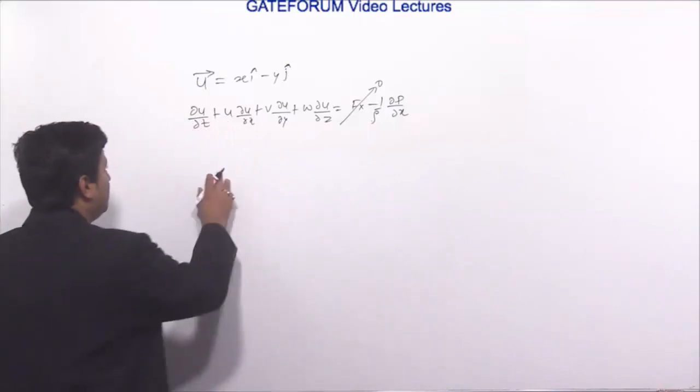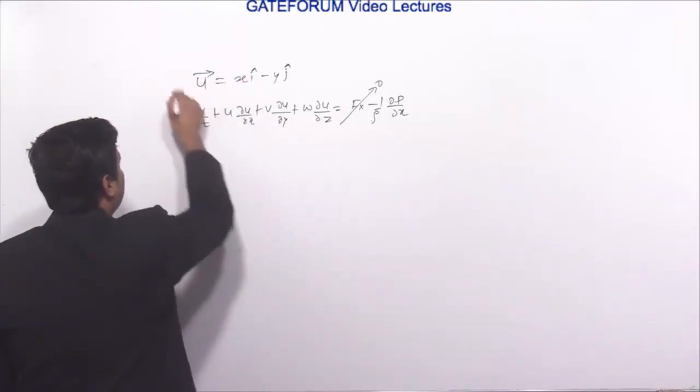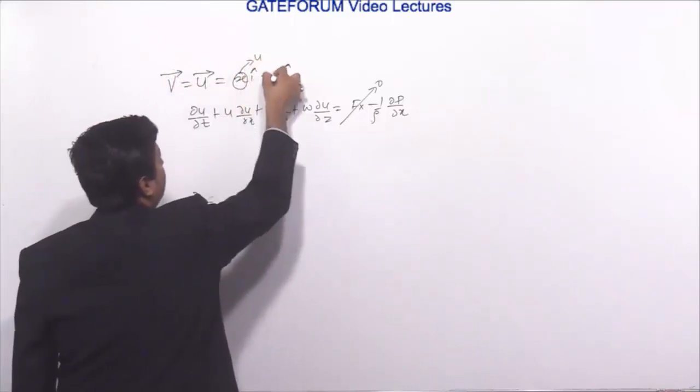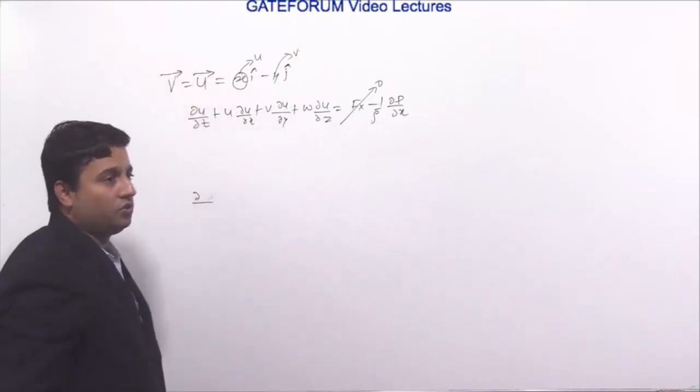And this equation in the y direction. Okay, that is your velocity vector. Generally it is given in this format, u and v, but now they have given it as the u vector.